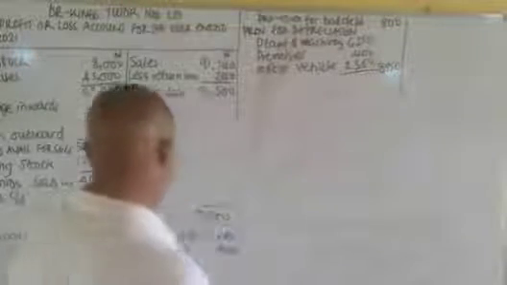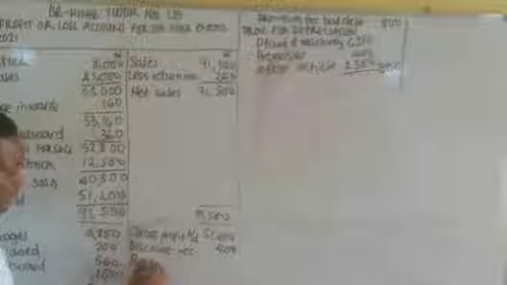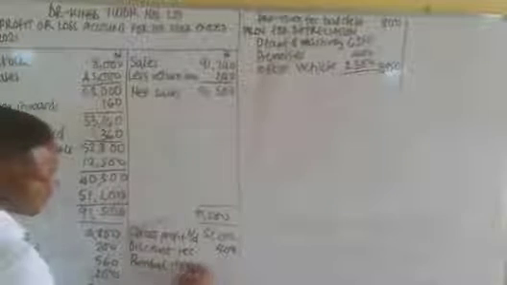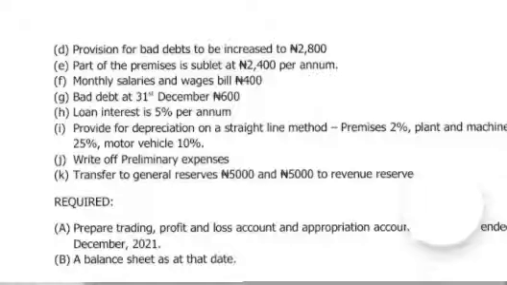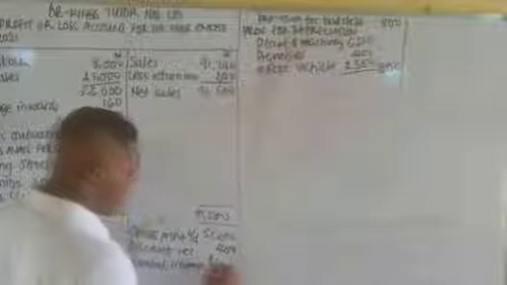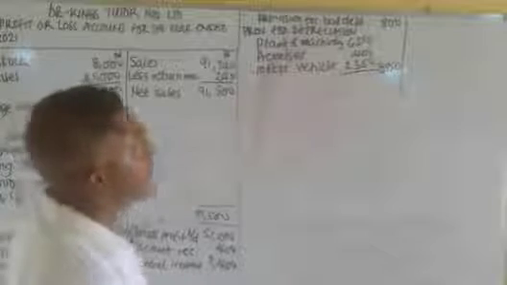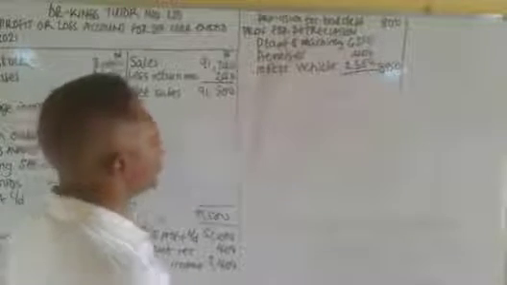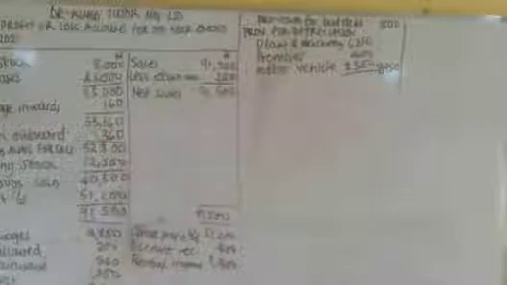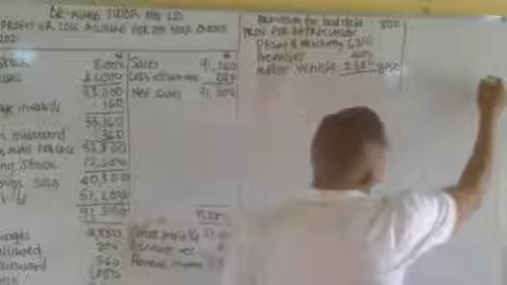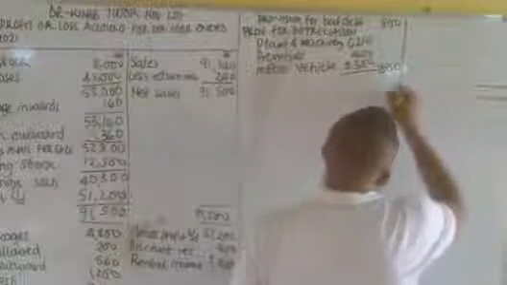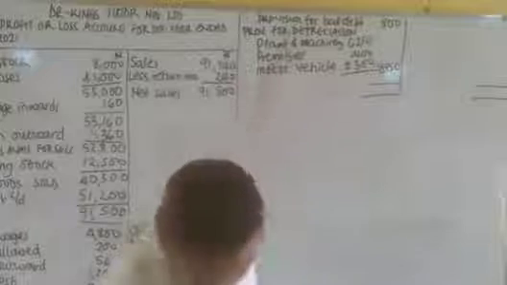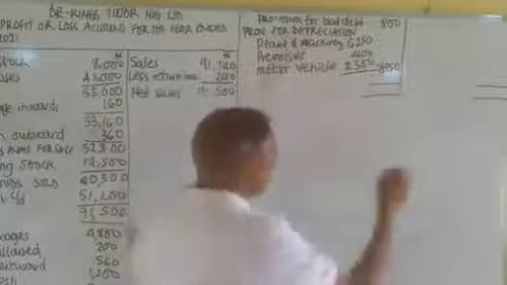Now let's see our rental income. Remember our rental income, that was sublet. So rental income is an income, so the amount there is 2,400. So those are the income and those are the expenses. Let's add up the income. If you add up the income, it will give you a total of 54,000.